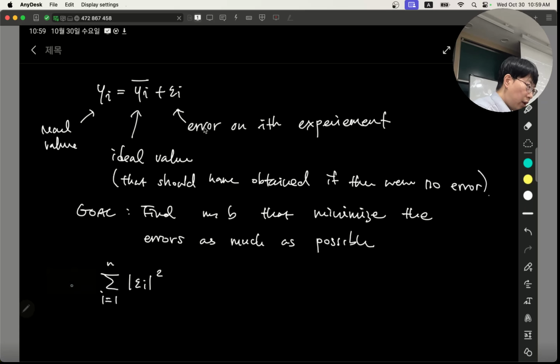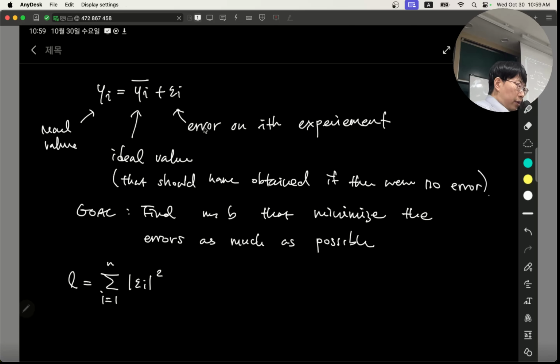I'm going to call it L here. So what we want to minimize is not just one error for a specific experiment or specific data. We want to minimize the square sum of errors of all the experiments, or all the data set.